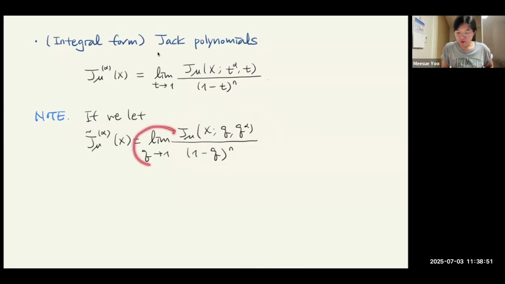But if you take the q goes to 1 limit in that form, and if you let J mu tilde be this limit, then J mu tilde and the Jack polynomials are related like this.